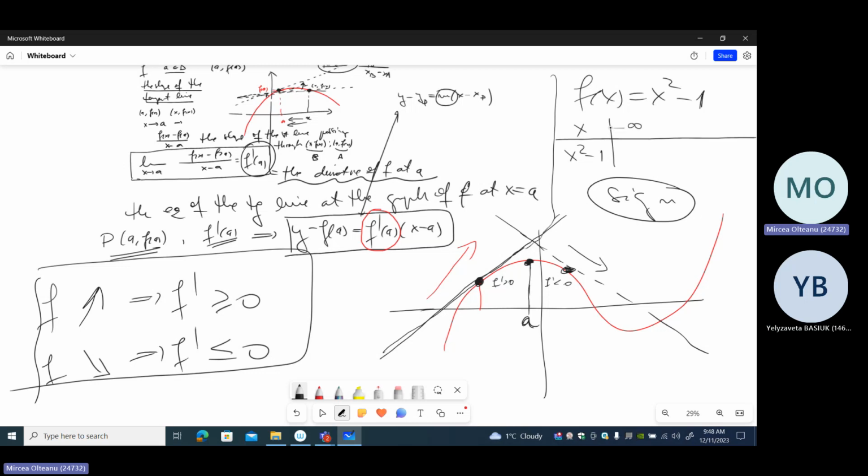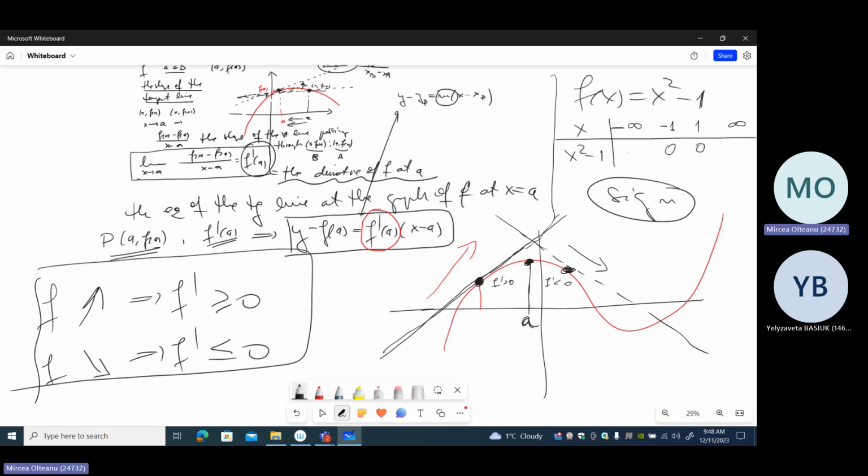Do you know how to make the table of sign of this function? Yes. Okay, let's do it. In our first lesson in this class, we had a revision of usual simple functions, and we started with linear functions, quadratic functions, and so on.